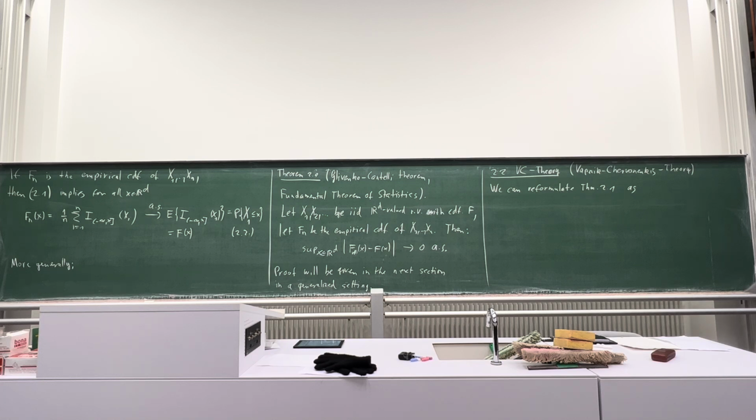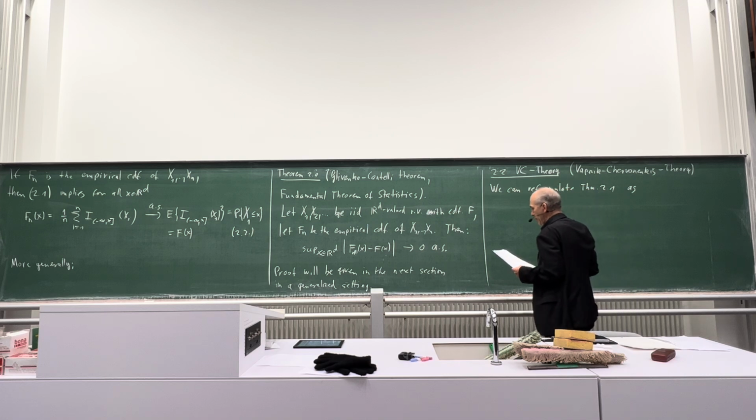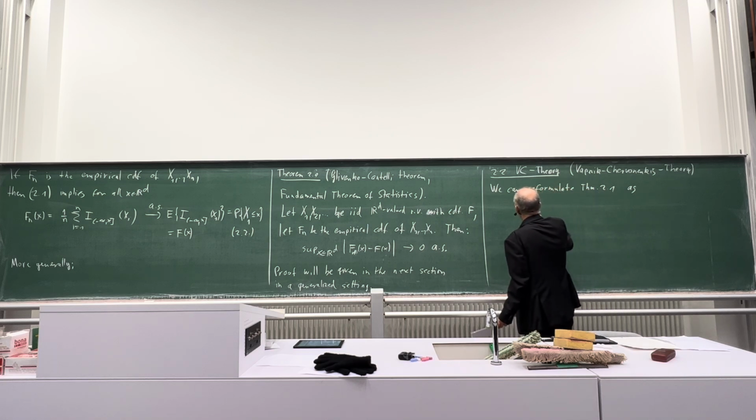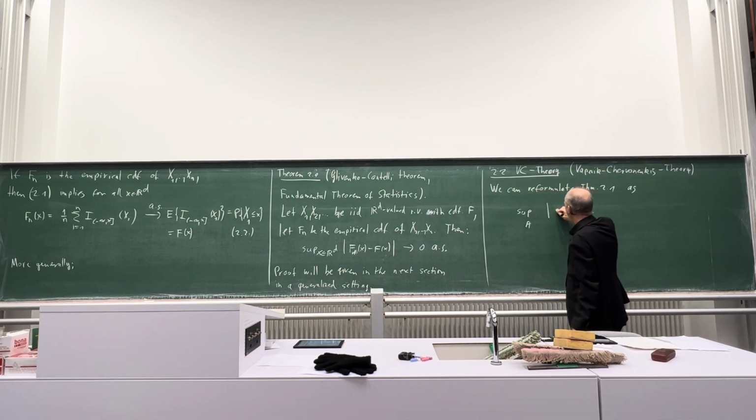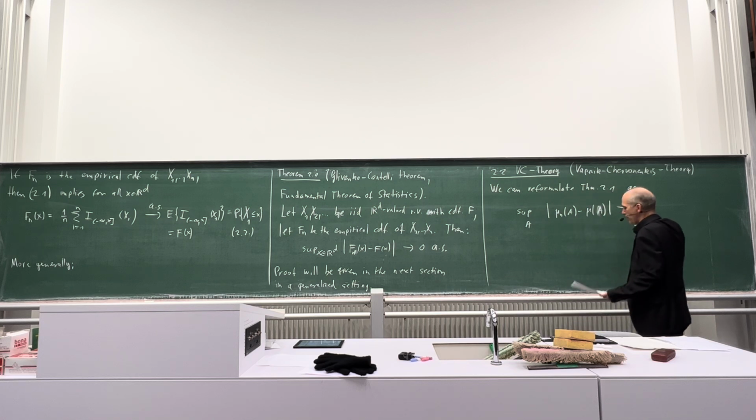So basically, this is the supremum over sets A, where I have to tell you what A is, comes in a moment, of mu_n of A minus mu of A, converges to 0 almost surely.